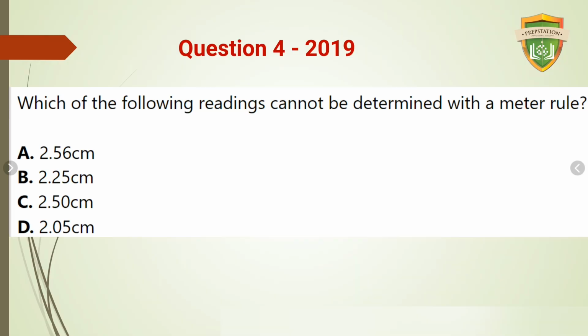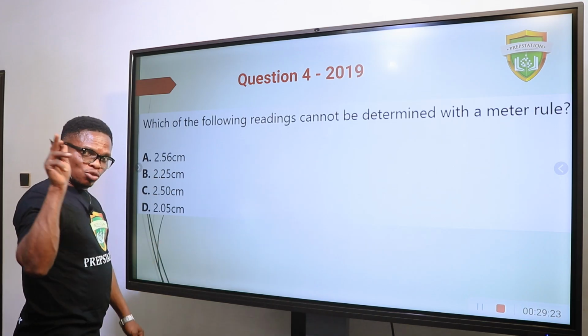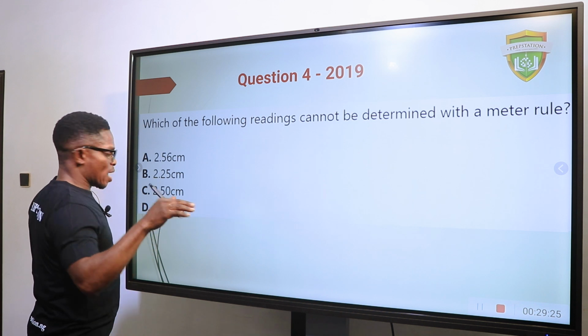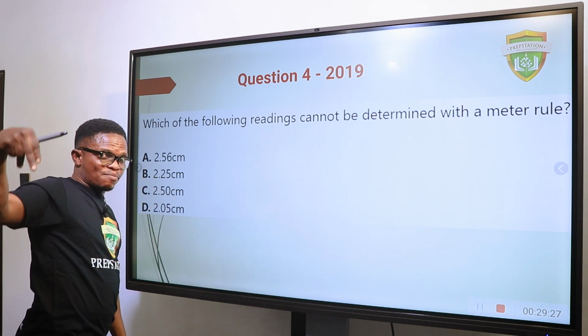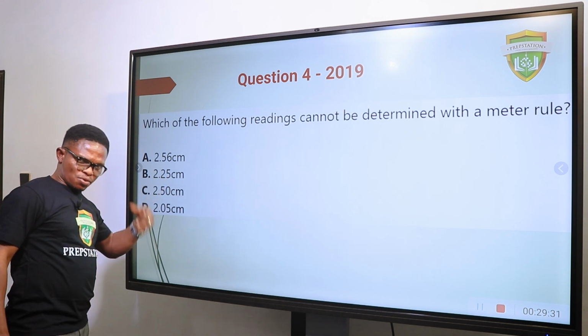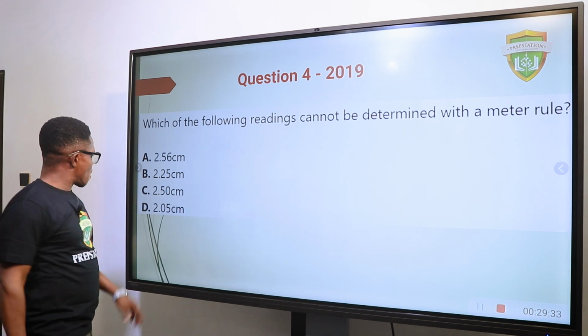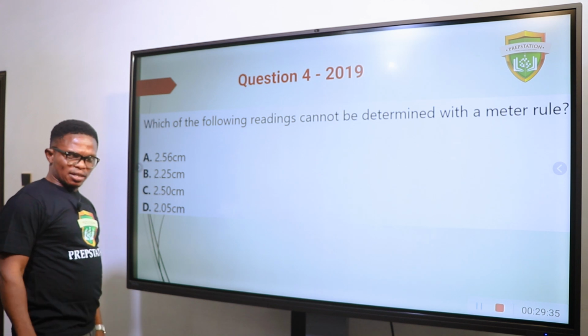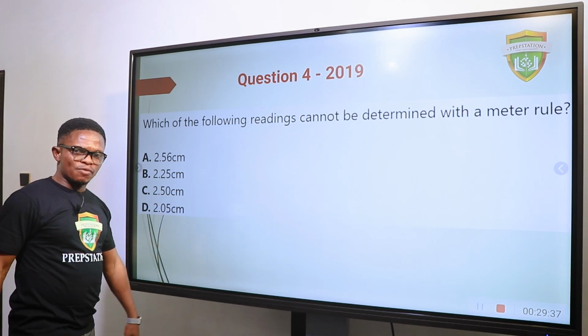Which of the following readings cannot be determined with a meter rule? I drew the diagram of a meter rule before, and I told you each line there is a calibration that represents 1 millimeter. So 2.25, you can determine it easily. 2.5, you can. 2.05, you can.